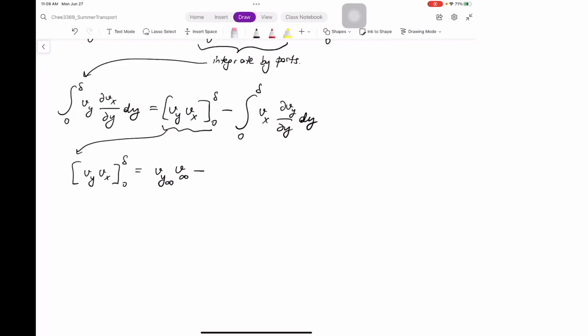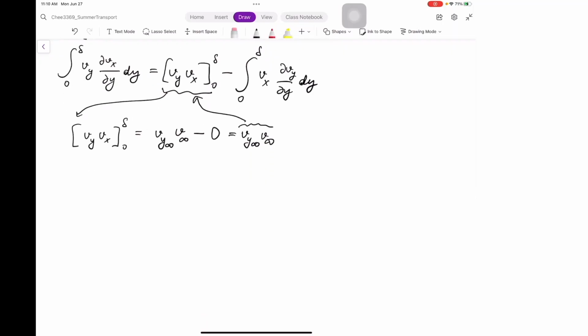They are 0 because Vy is 0 at y is equal to 0 because of the no penetration boundary condition, and Vx is 0 at y is equal to 0 because of the no slip boundary condition. So instead of that, you can write Vy infinity times V infinity.